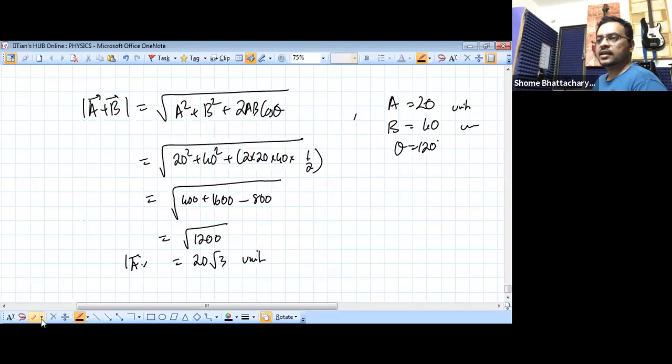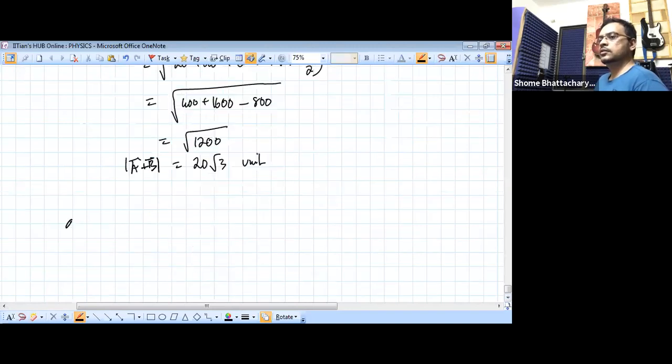Similarly, use the tan alpha formula also and see what comes. Tan alpha is b sin theta upon a plus b cos theta.